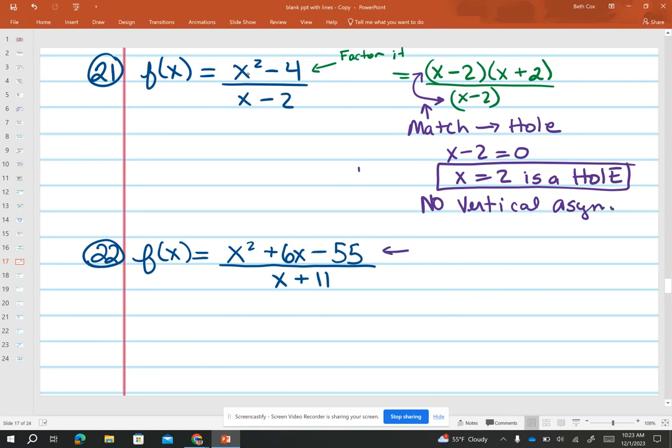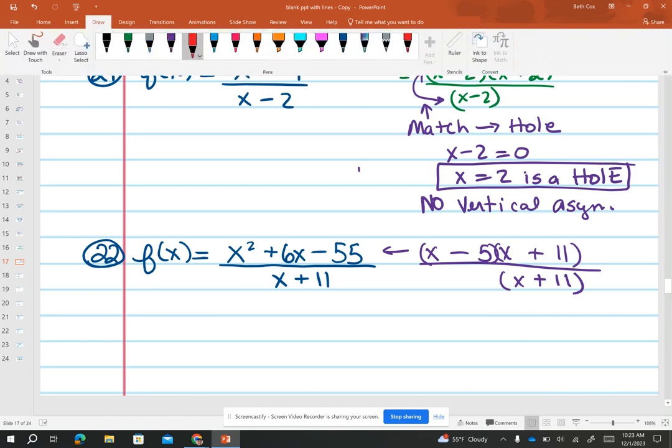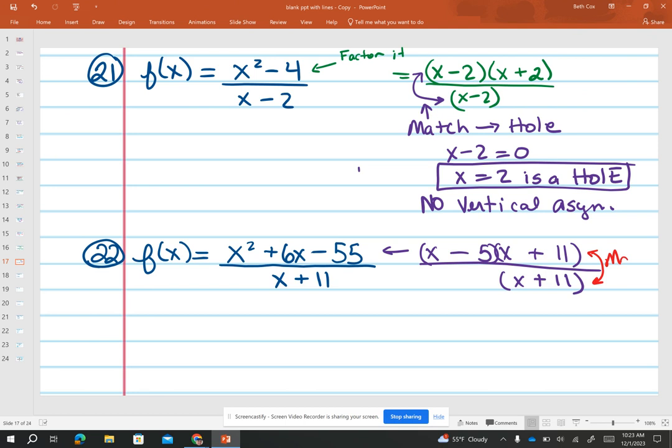All right, this one, same thing. We're going to factor this numerator. And exactly the same thing: we have a match. So this is going to be a hole. x plus 11 equals 0.